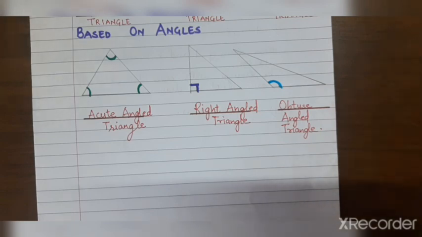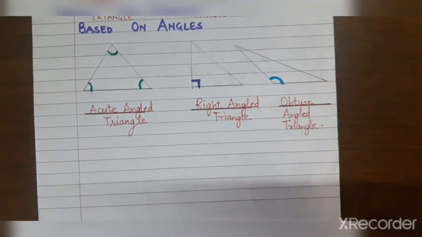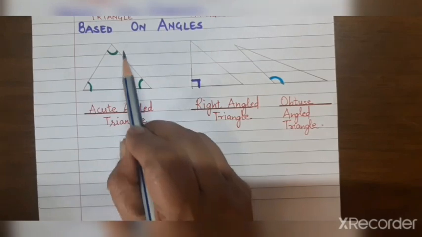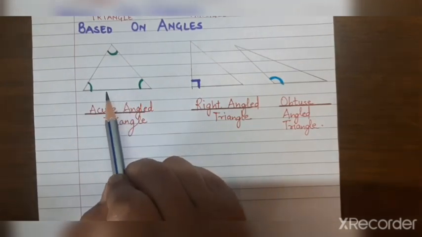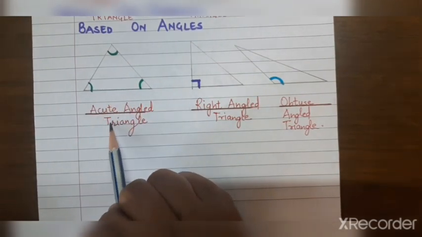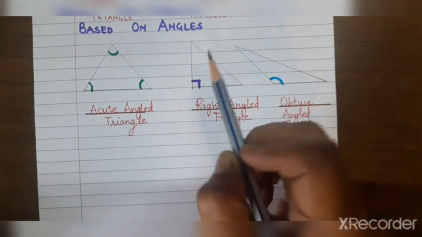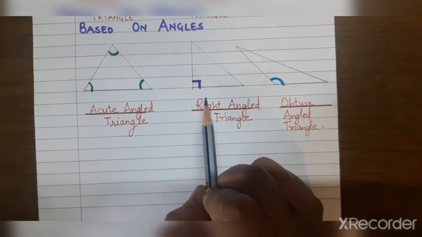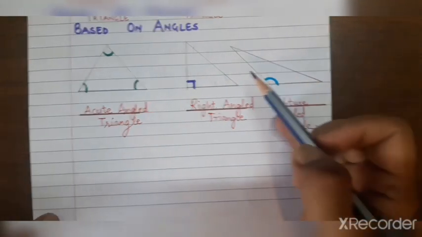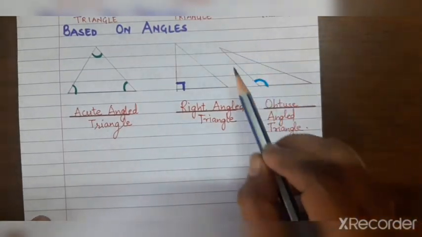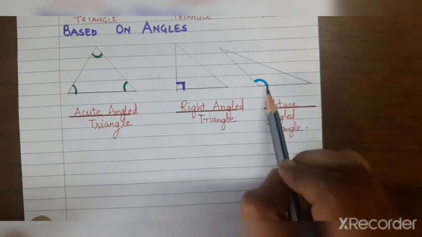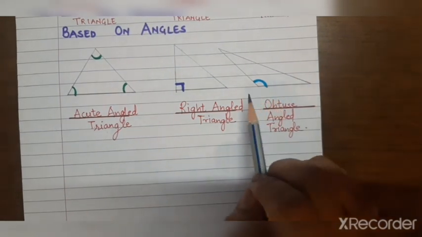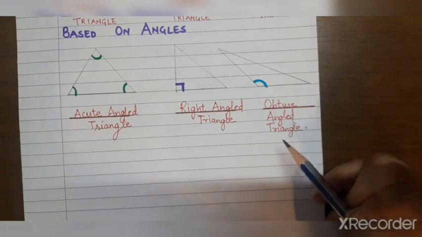I hope it is clear that if all the angles of a triangle are acute, that is less than 90, it is an acute angle triangle. If any one angle of a triangle measures 90 degrees, it is a right angle triangle. And if any one angle of a triangle is more than 90, or is an obtuse angle, it is an obtuse angle triangle.